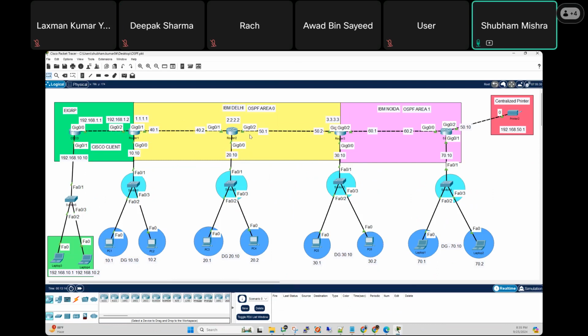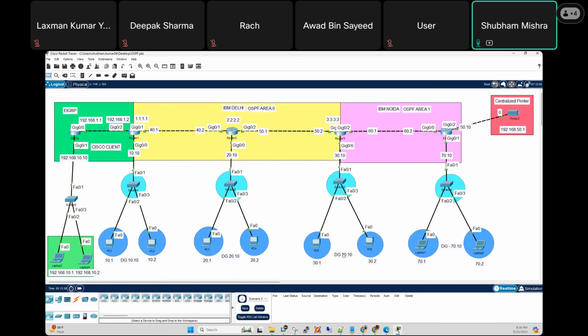Now come to LSA number 3. Please remember one thing: the ABR router generates LSA number 3. Fine. Now, what is the use of LSA number 3?